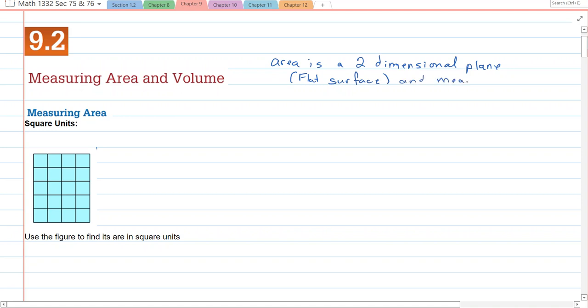Measures the square units placed inside.